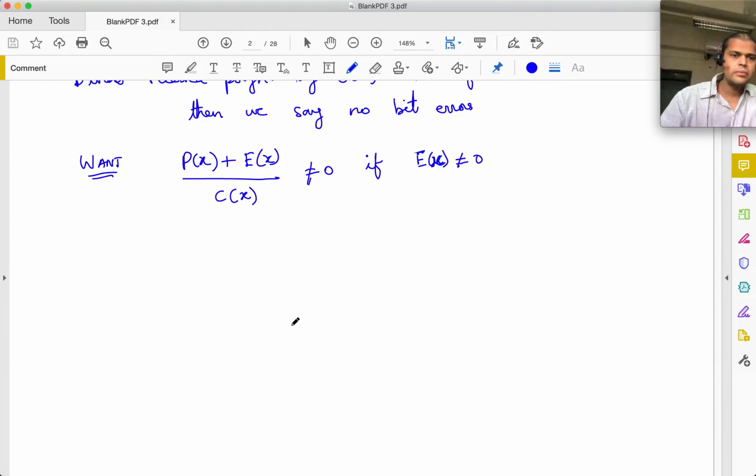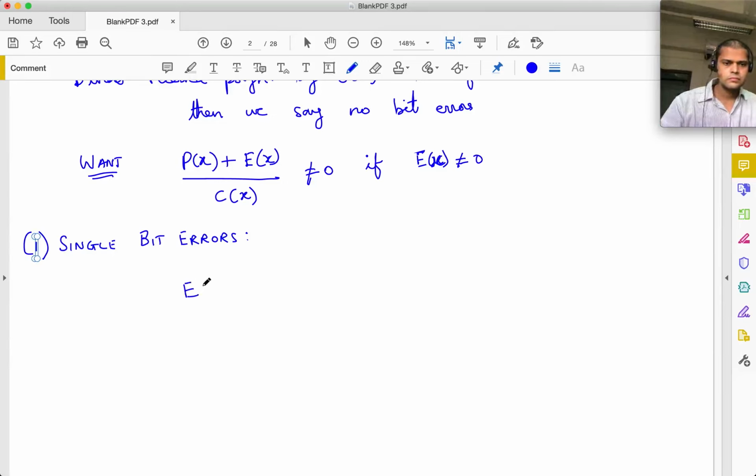So let's think about it. What types of errors can we catch? Definitely we want to be able to catch single bit errors. So what would E of x look like? Just one bit is in error. Essentially this is a polynomial of the type x to the power of i, for some i.